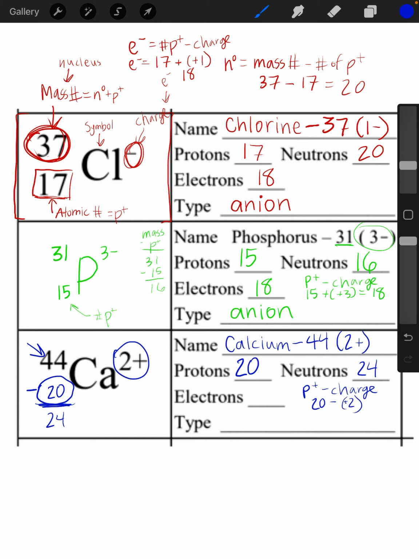This is just like normal subtraction. So it's literally just 20 minus 2. That's going to be 18 electrons. And this makes sense. We have an overall positive charge. That means we should have more protons than electrons because protons are positive. And when we have this positively charged ion, that guy's going to be called a cation.